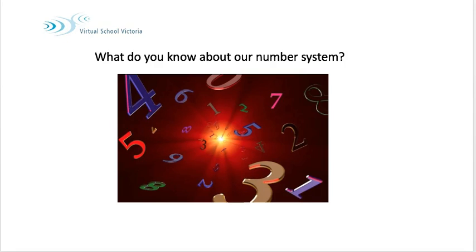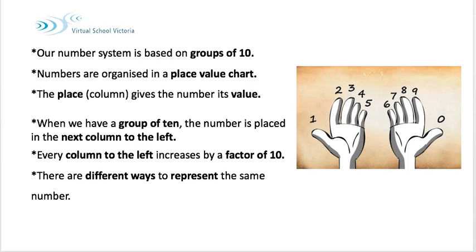Now, let's think about what you know about our number system. Our number system is based on groups of 10 because we have 10 fingers. And every time we get a group of 10, we have to find a way of representing it with something else. Numbers are organised in a place value chart. The place of the number gives its value. That's called positional value.